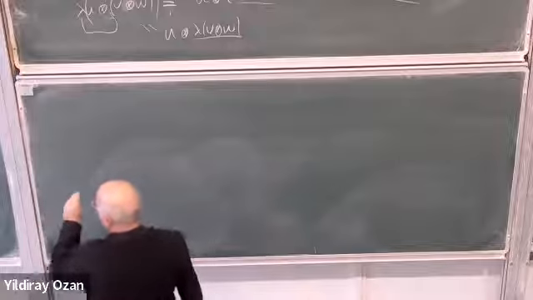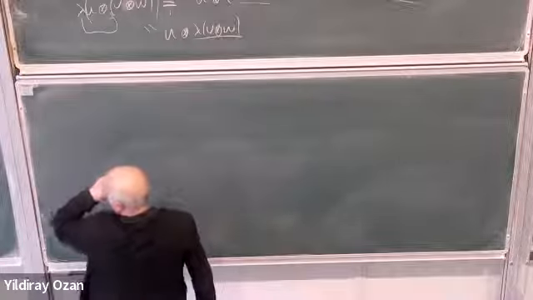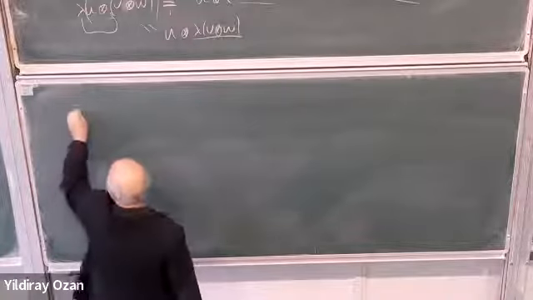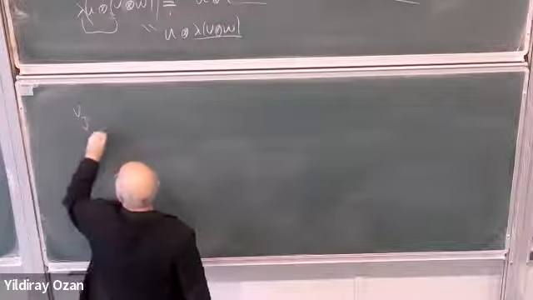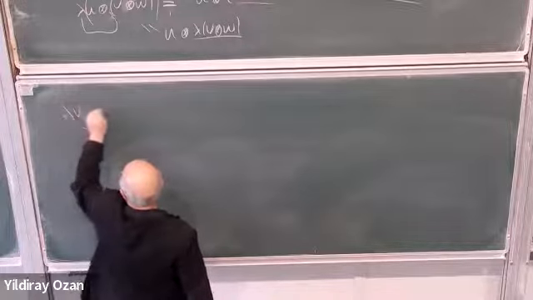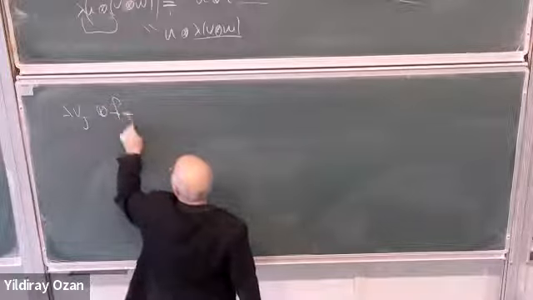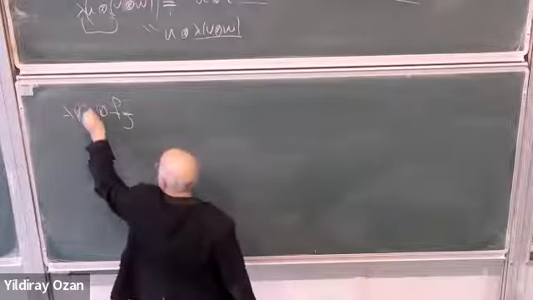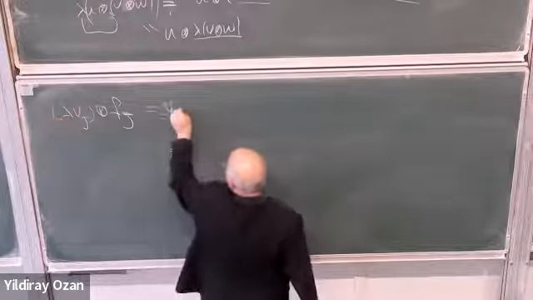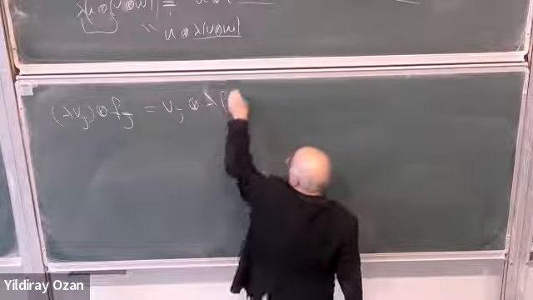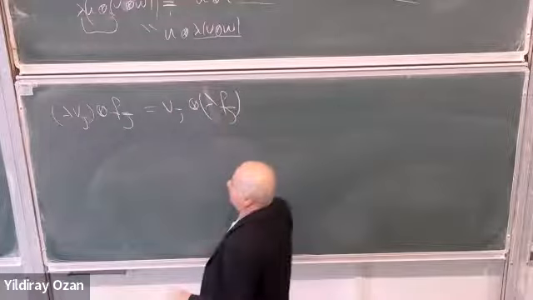Şunu yapmamız lazım. So suppose I have lambda V_j tensor F_j. I know that this is the same as V_j tensor lambda F_j, right?